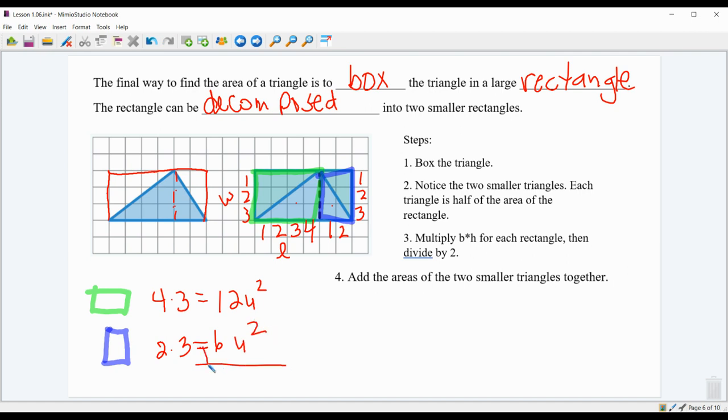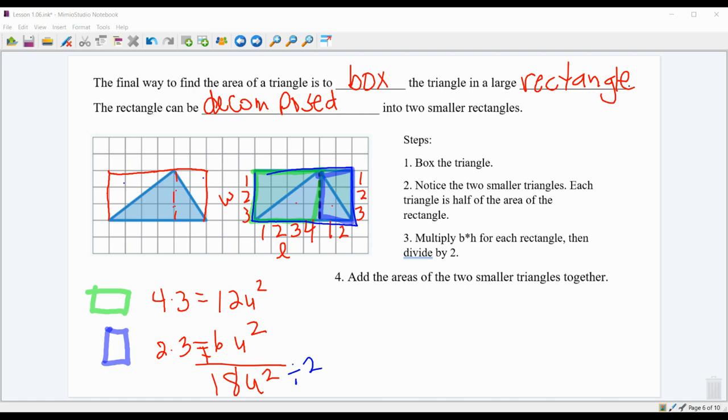Now, if I add those together, I get 18 units squared. That would be the whole entire rectangle, like this. But wait a minute. These pieces here weren't there to begin with. So I have to divide out half of this rectangle and half of this rectangle. I can just take my total and divide by 2.